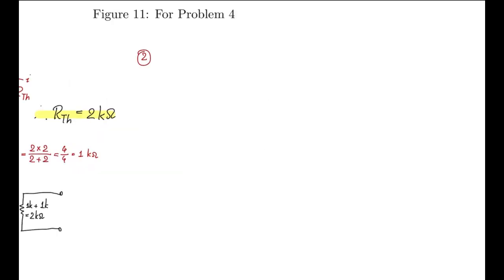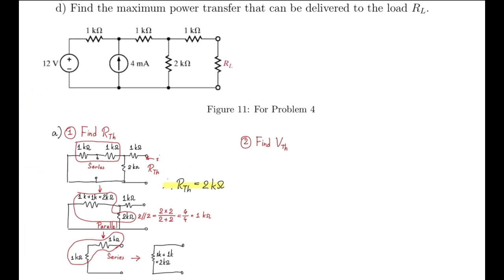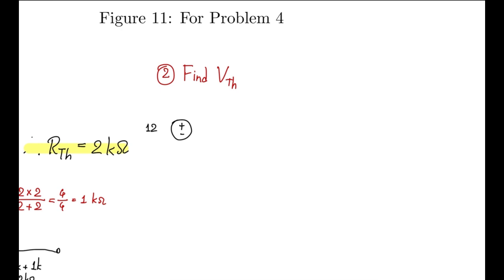Next, let's find the Thevenin voltage. Redraw the circuit with the load resistance removed, then denote the 2 remaining terminals as positive and negative. The Thevenin voltage can be found by finding the voltage across these terminals.